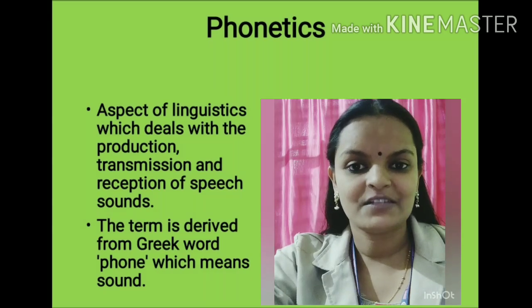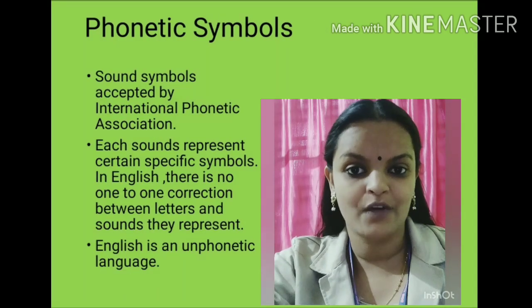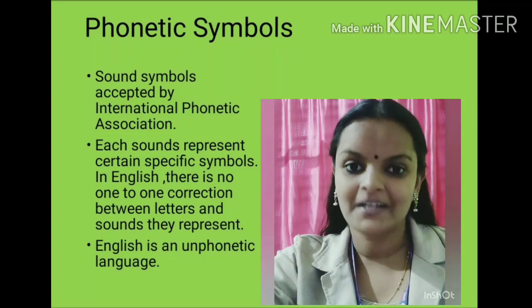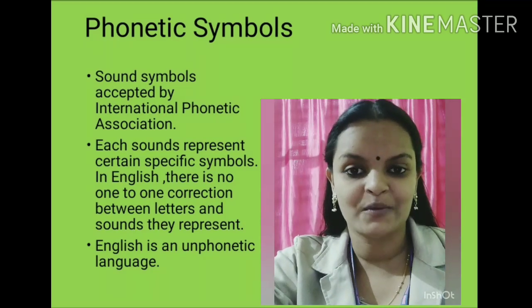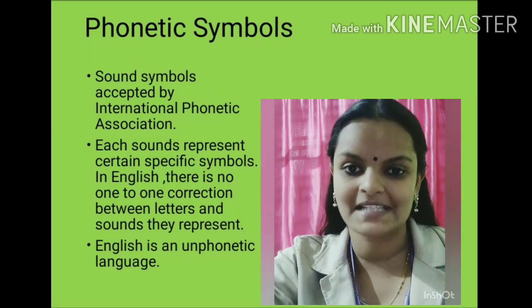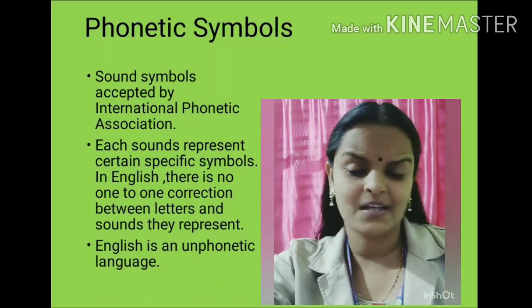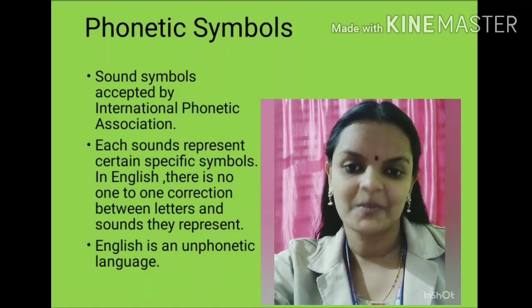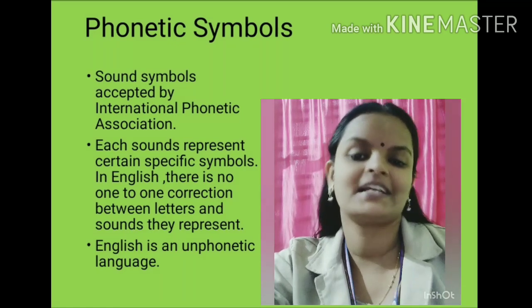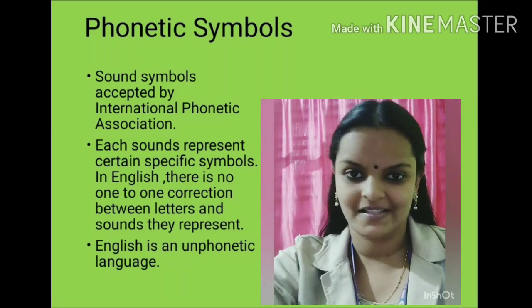In English we have only 26 alphabets, but in order to represent these 26 alphabets, we have 44 sounds. English is an unphonetic language. Why is English called an unphonetic language? Because there is no one-to-one correspondence between the sounds and the spelling which represent them.